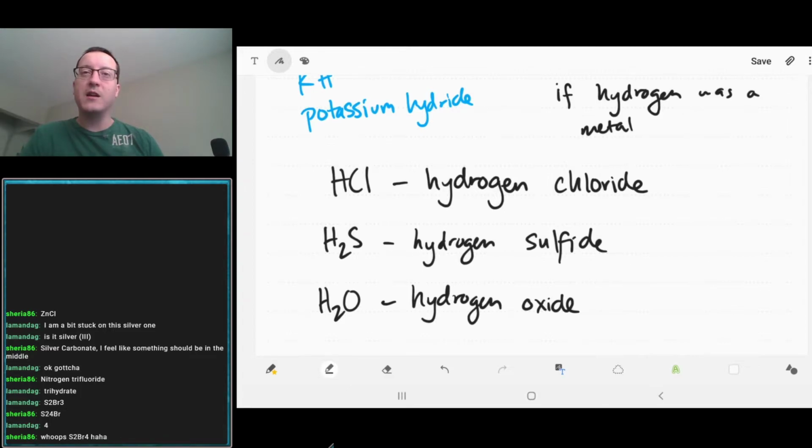We pretty much never use non-metal naming rules for hydrogen-containing compounds. Particularly because hydrogen only has one electron, it's just going to give that away. And so there's really no need to put the di and mono there, because there's only going to be one compound that hydrogen can make with the oxide ion.